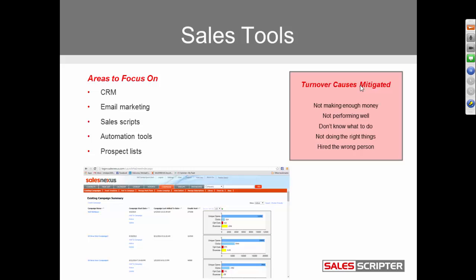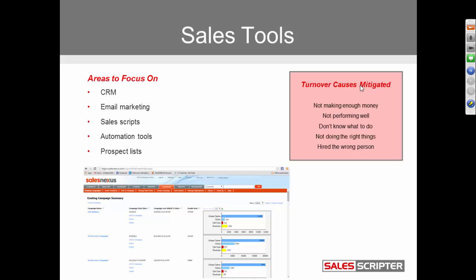So think of this as the air support for your troops. If you have ground forces on the street, which you literally do with salespeople, feet on the street, right? Your air support, your jets that are overhead providing coverage, are your tools like email marketing, right?